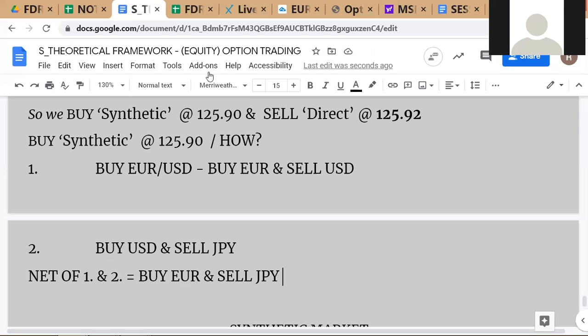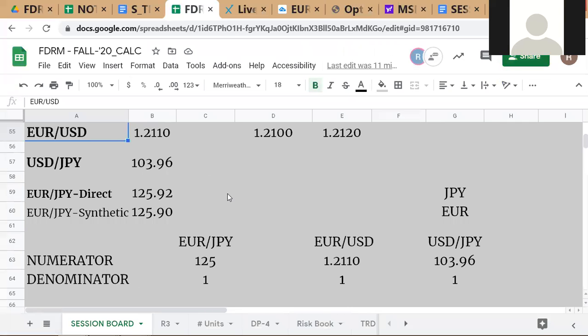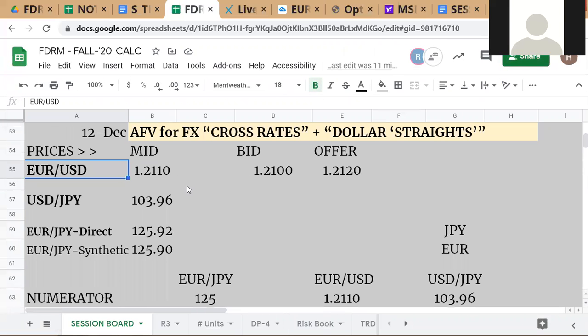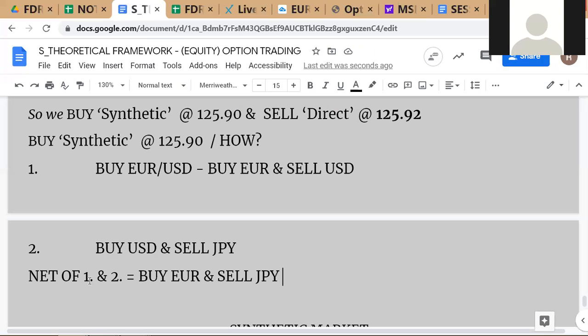So you have to remember that when you do the buy sell, you do the final transaction to buy the synthetic. What you have to do is two transactions: buy euro and sell US dollars, buy euro USD, and this is here. It should be buy USD and sell yen, which means buy dollar yen.